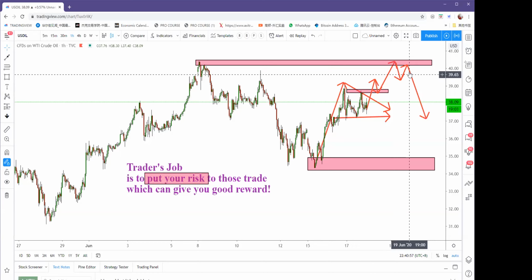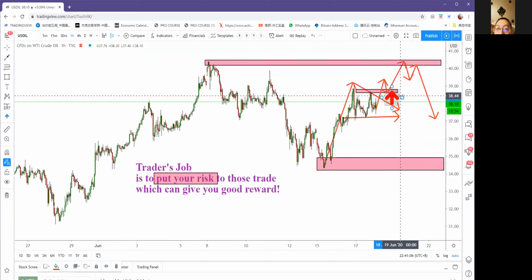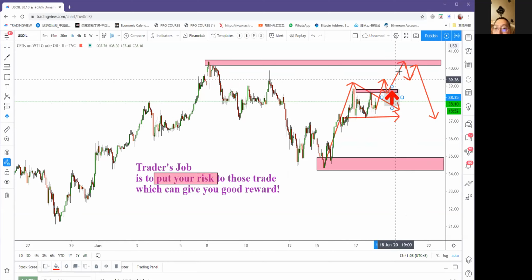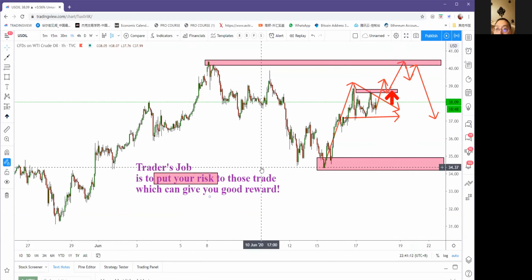If you think, wow, this is a double top, this is a neckline breakout, this is a triangle, this is a flag, and I'm willing to take this kind of risk to capture this upside move, and you make this decision, then your trade is 100% doable. You'll have no problem executing the trades.